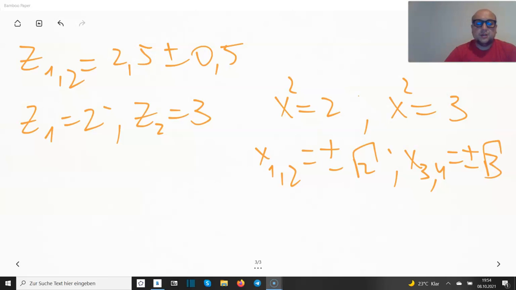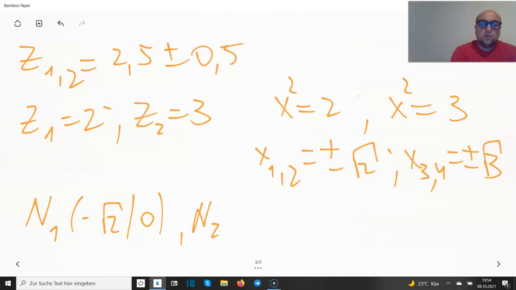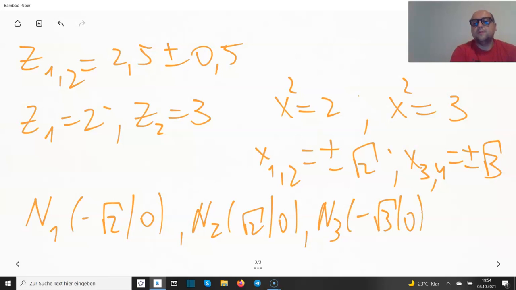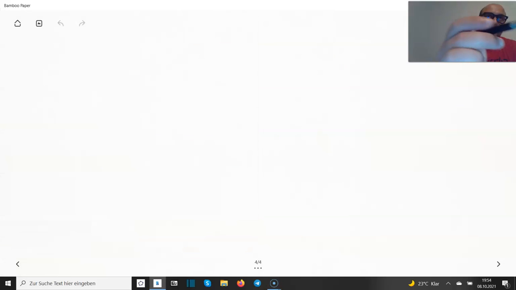If you do the graph sketching, sometimes it's useful to write it like N1 with minus square root of 2, 0, and N2 with square root of 2, 0, and N3 with minus square root of 3, 0, and N4 with square root of 3 and 0. Alright, that's number 4.